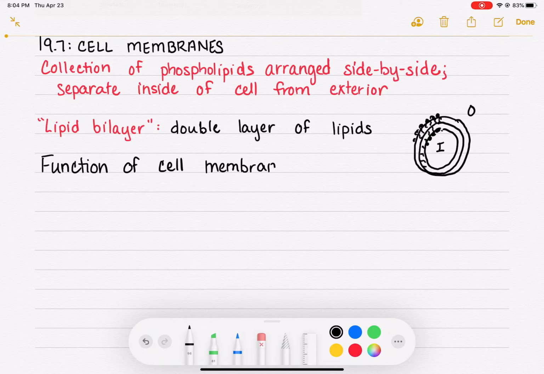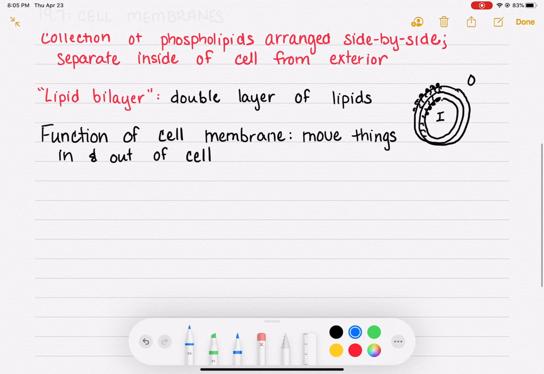In addition to holding stuff in, it moves things, molecules, ions, atoms, in and out of cells. There are three different ways that things get moved in and out of a cell. The easiest one to understand is called simple diffusion.